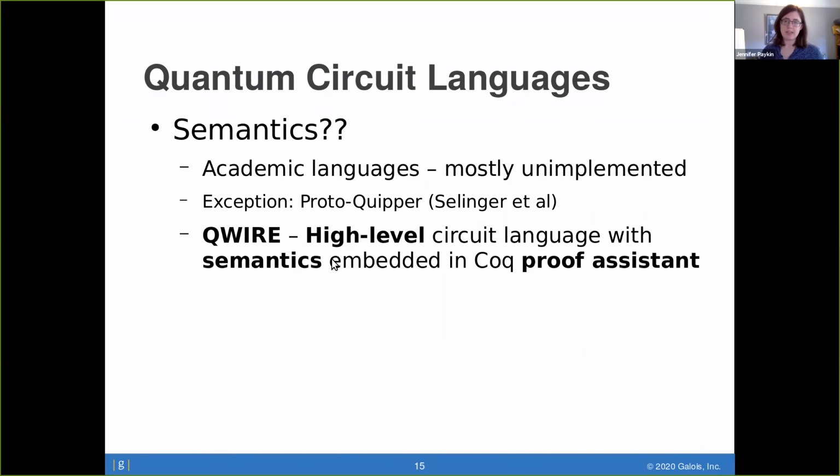Its semantics are accessible because it is embedded in a language called Coq, which is a proof assistant. What that means is that we can not only write programs and compute circuits in this language, but also state theorems and reason about the correctness of those circuits inside of Coq.